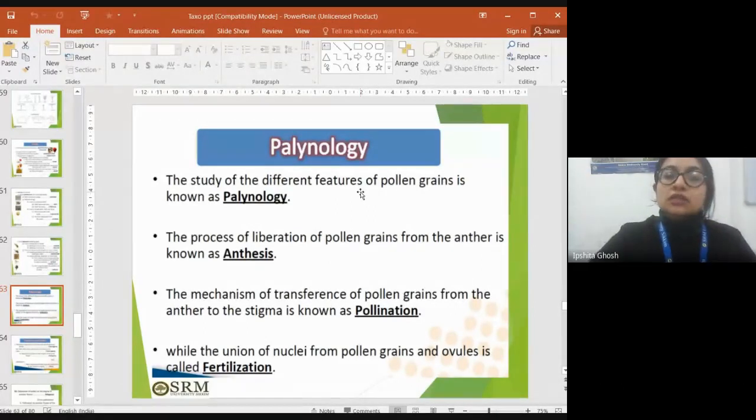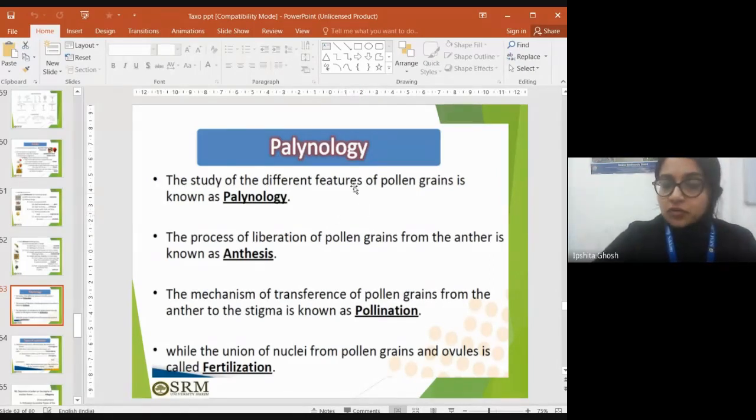And definitely there are certain categories of features of pollen grains which will help you identify a plant, because many a times you will see that certain characters of pollen grain are more specific for certain types of plants, or belonging to certain families. So therefore palynology is very important.